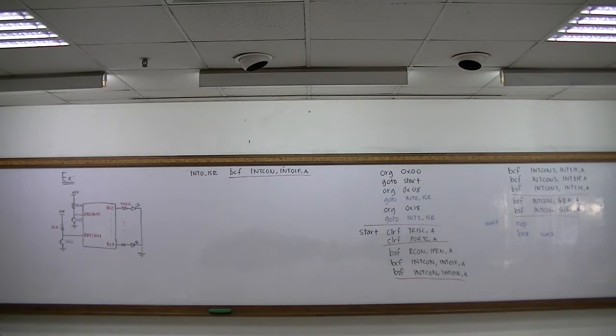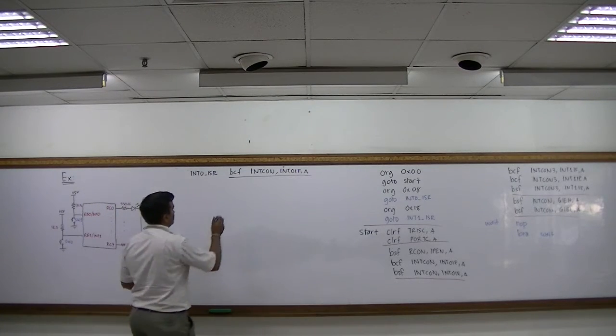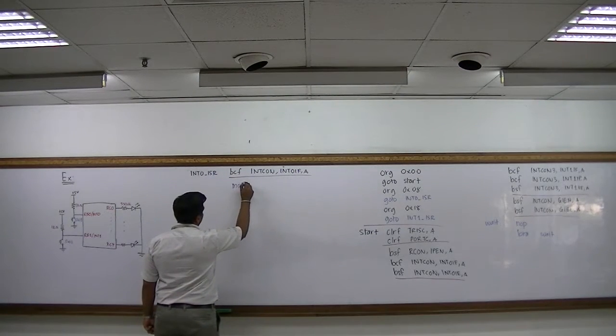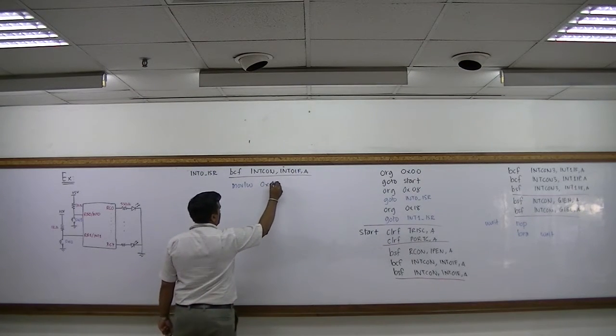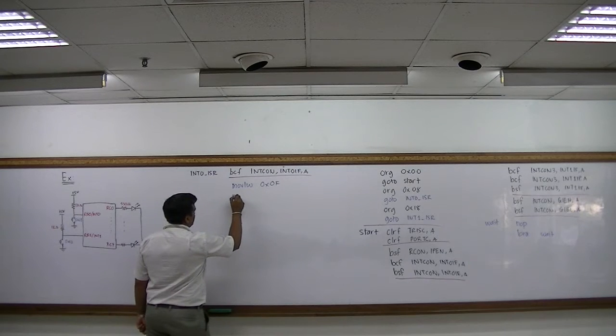So how can you do that? You move a literal value. What's the value you need to move? 0F, and then you move it to the port.